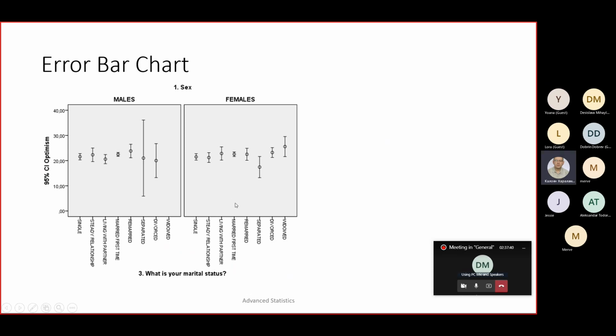In the group of females, we can see here that maybe there is a statistically significant difference between separated and without, but maybe between all other groups pairwise there are no statistically significant differences. Of course, we can check this with post hoc tests.